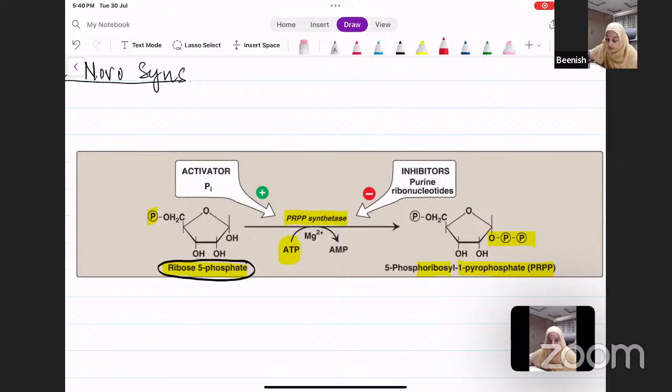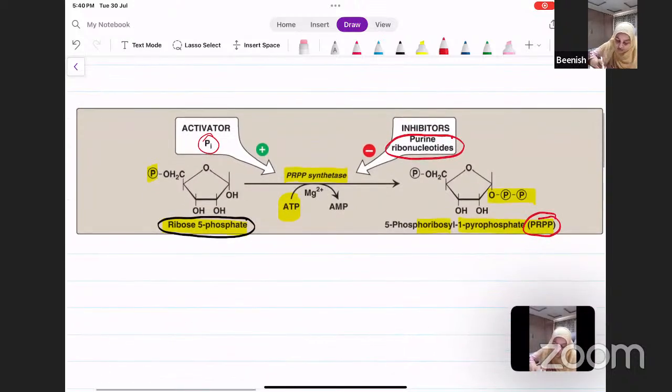And what is PRPP? It is 5-phosphoribosyl pyrophosphate. In short, we are going to use PRPP everywhere, so don't forget what PRPP is. The activator of this step is inorganic phosphate, and the inhibitors are purine ribonucleotides. Also, this step is the preliminary step.